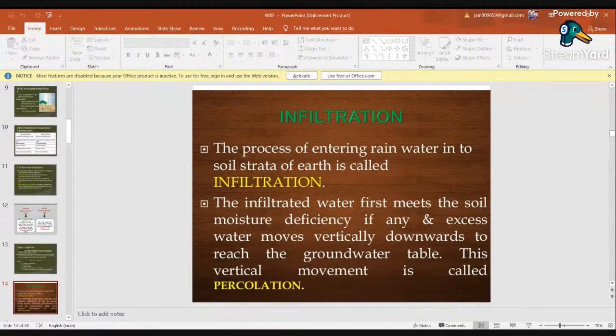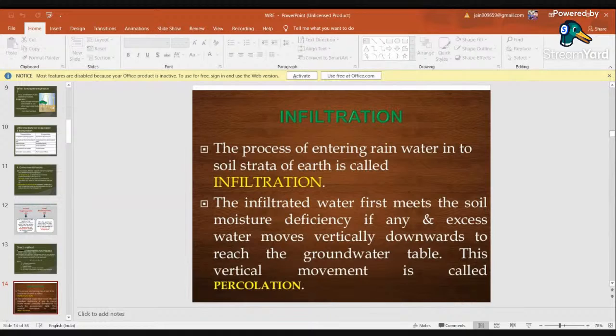it first meets the soil's moisture deficiency. If the soil is dry, the infiltrating water will first fulfill the moisture deficiency of the soil, and then the extra amount of water will move vertically downwards to reach the groundwater table, and this vertical downward movement of water is termed percolation.